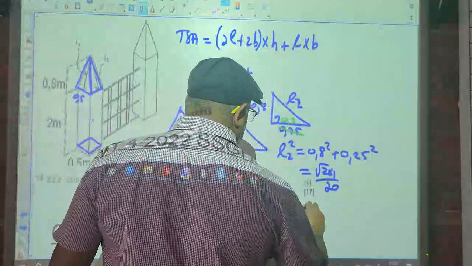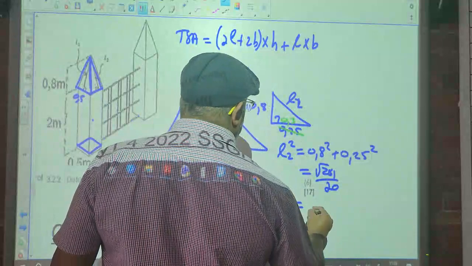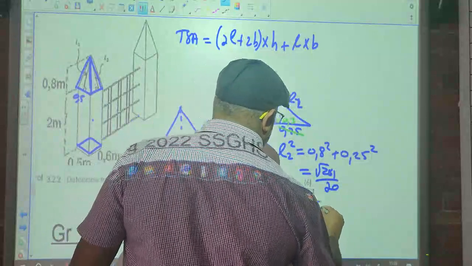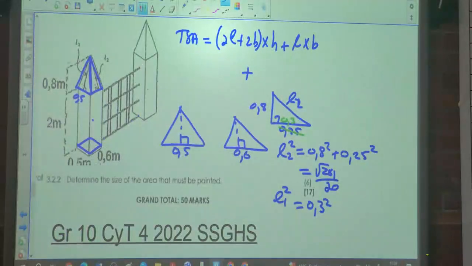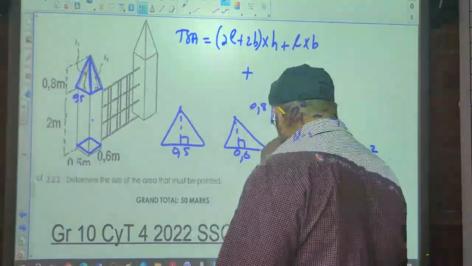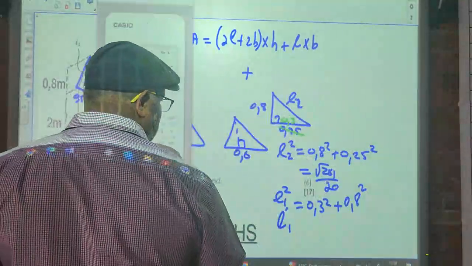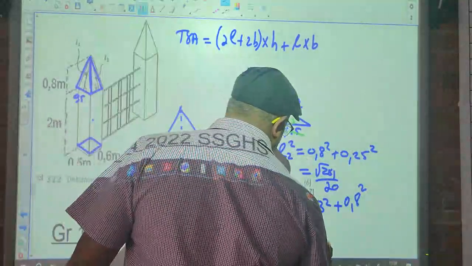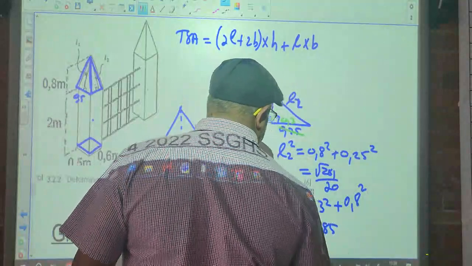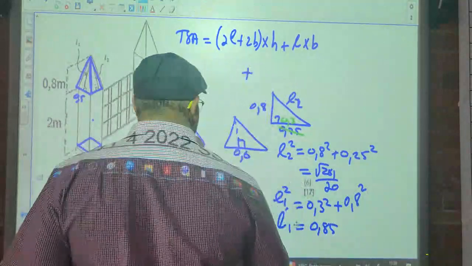So L1 is going to be 0.3 squared plus 0.8 squared. So L1 works out to be 0.85. Okay.